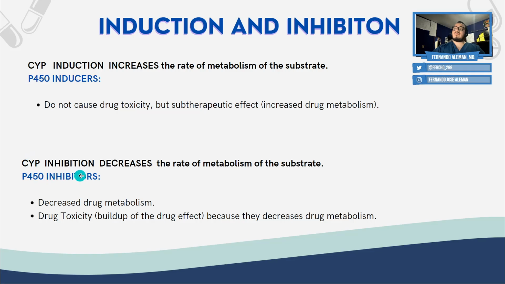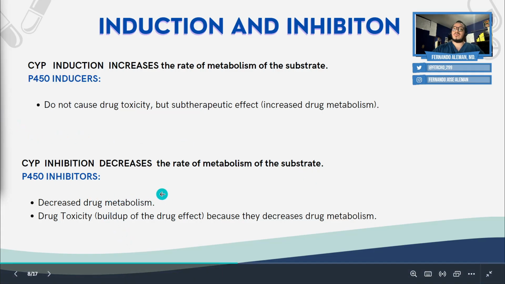Then we have the CYP inhibition, which decreases the rate of metabolism of the substrate, of the drug. So the P450 inhibitors will decrease the metabolism of the substrate.